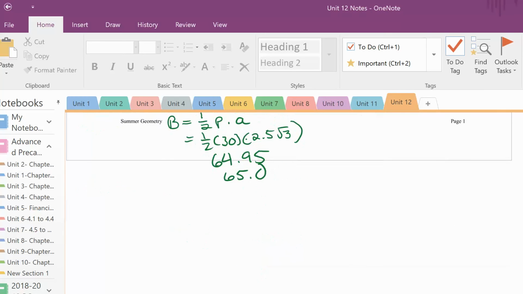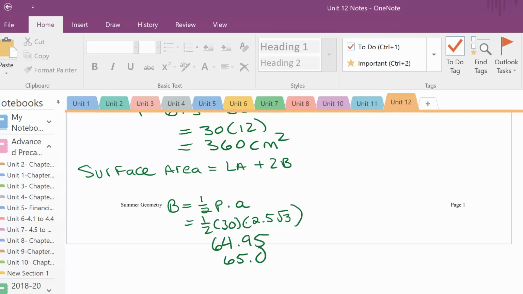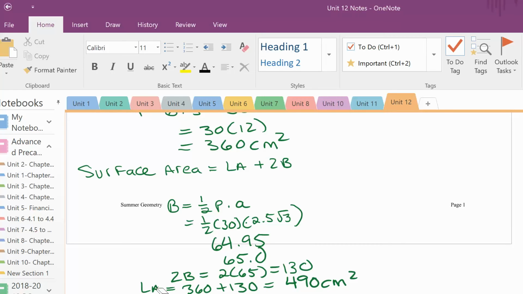Then to find the surface area, you need two bases, so 2 times 65 is 130. So 360 plus 130 is 490 square centimeters. The total area, which is the surface area, is the lateral area plus the area of the two bases, which is 490.